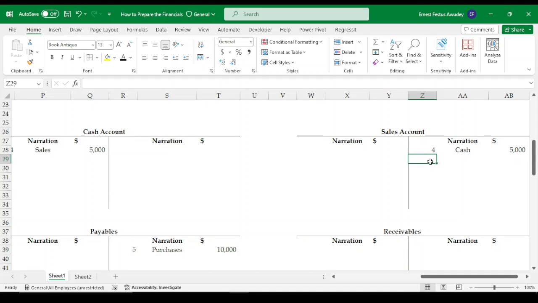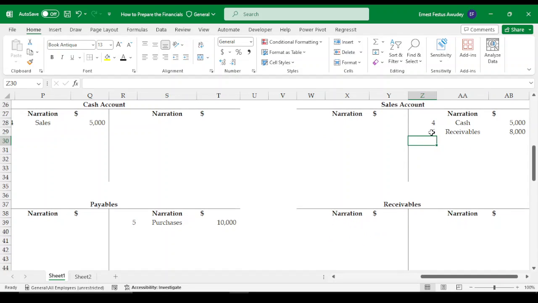Therefore, I'll come here and write 6. We have sold inventory, therefore it's going to be increased, and the corresponding entry is going to be receivables. The amount involved is 8,000. Then I'll come to my receivables account. Since this has been credited, I'll come and debit it under the receivables column.